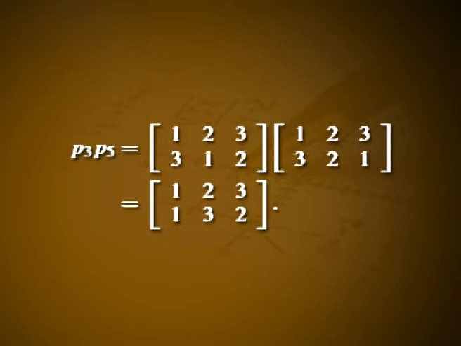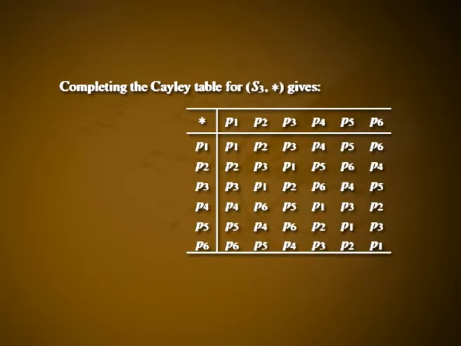That is equal to 1, 2, 3 mapped onto 1, 3, 2. This is the array representing P4, and so we can write P3 star P5 is equal to P4. Completing the Cayley table for S3 star gives P1 star P1 is equal to P1, P1 star P2 is equal to P2, P1 star P3 is equal to P3, and so on.